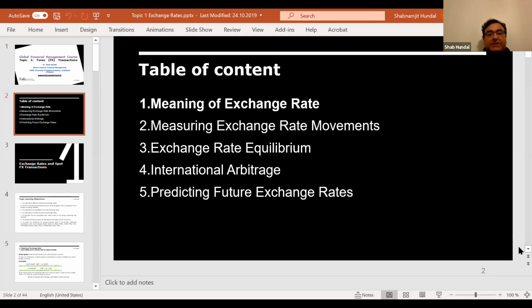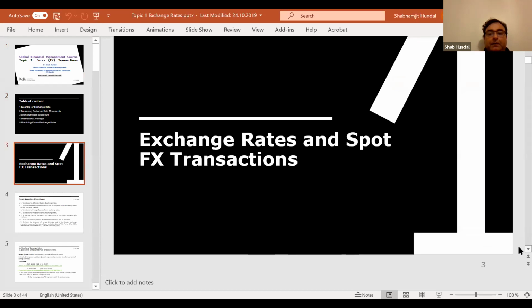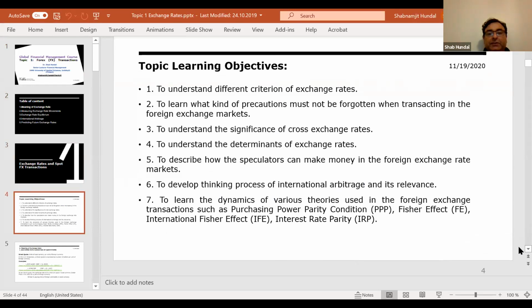These are the contents of this topic, which we shall study, but we will go slowly, one by one. First of all, we discuss the meaning of exchange rate. These are some learning objectives, but I think you can study them by yourself, so I don't want to get into them too much yet.